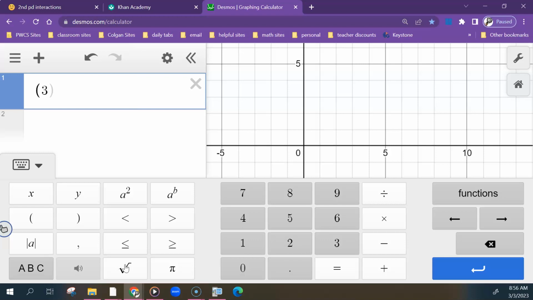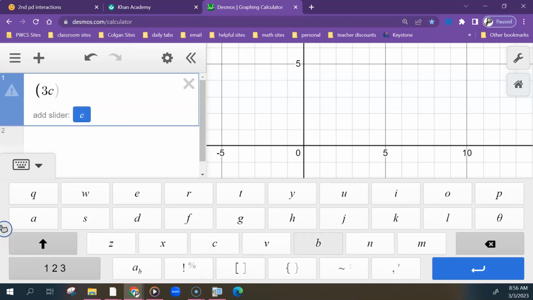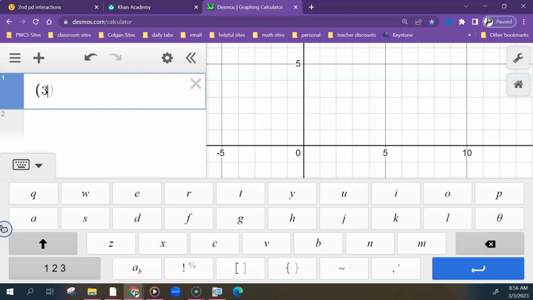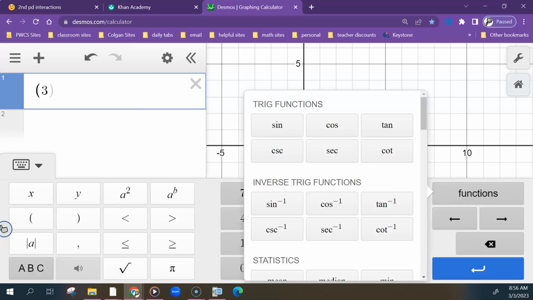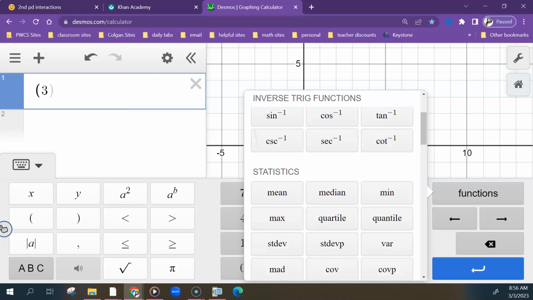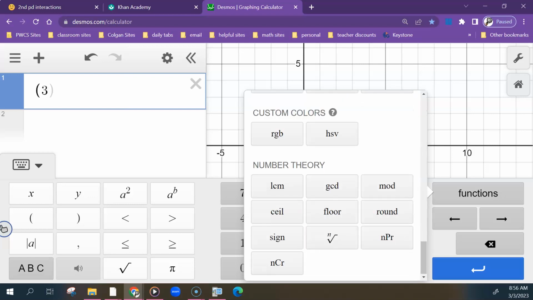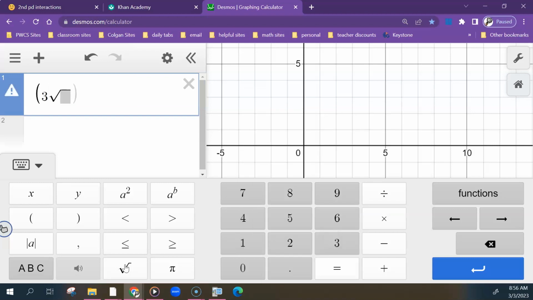So you can do one of two things. Type in CBRT, or go into functions. I think it's all the way across this one. And put in the 3. Either or.